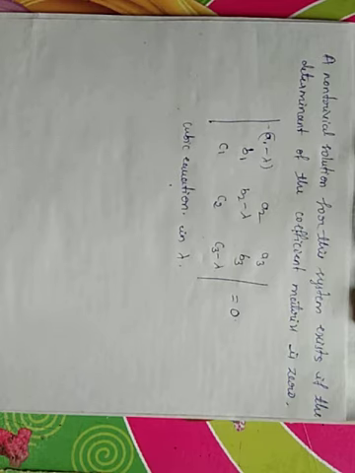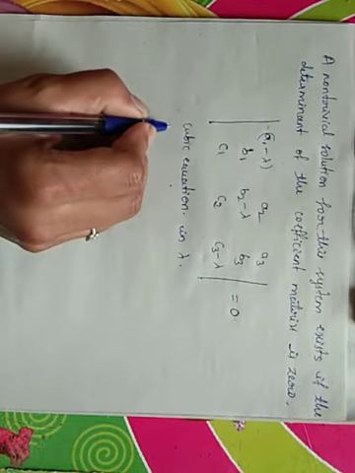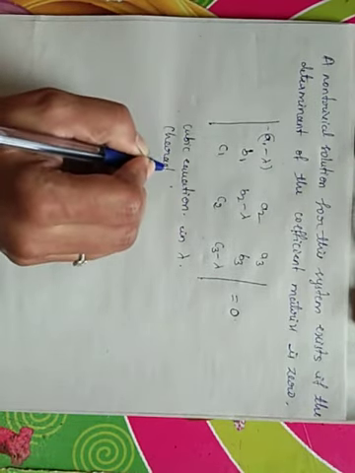Whatever equation we obtain after simplification of this determinant is called the characteristic equation.